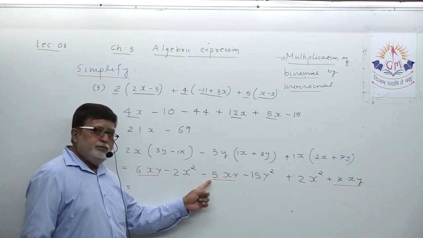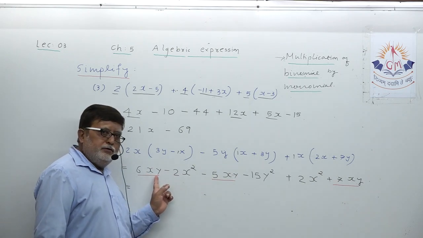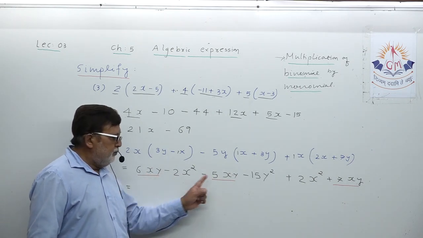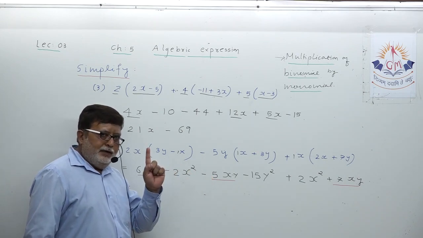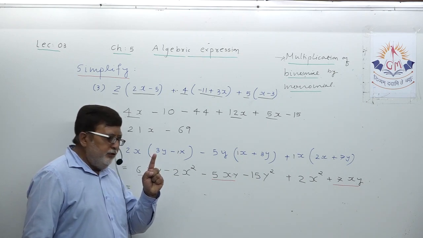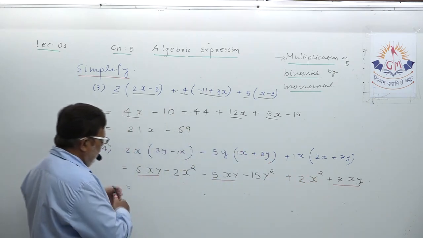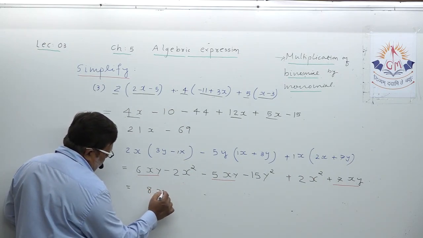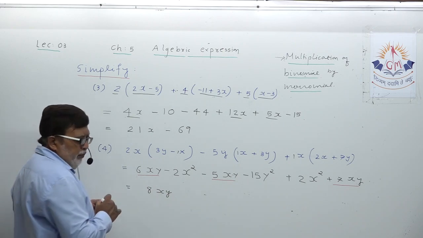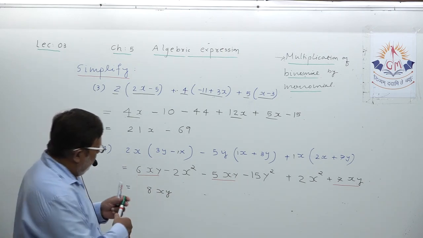This is plus, this is minus. 6xy minus 5xy, that is 1xy positive. 1xy plus 7xy, it is 8xy, okay.